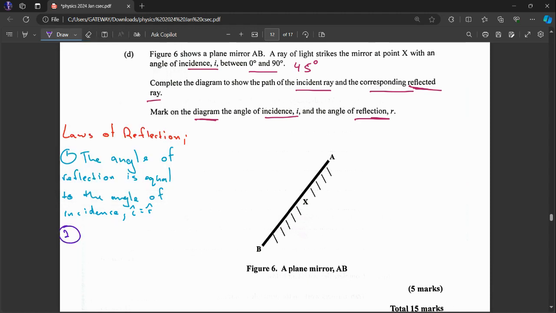And the second law, which is law 2, these laws are very important for you to remember and understand.